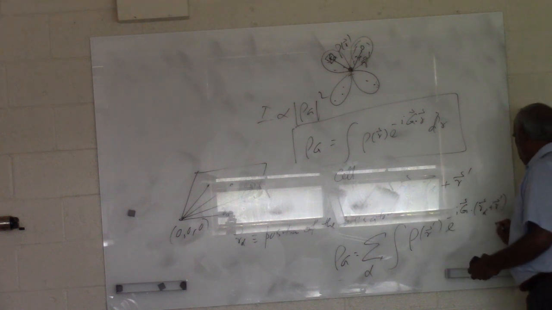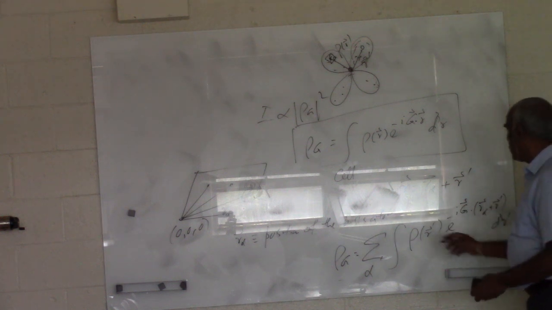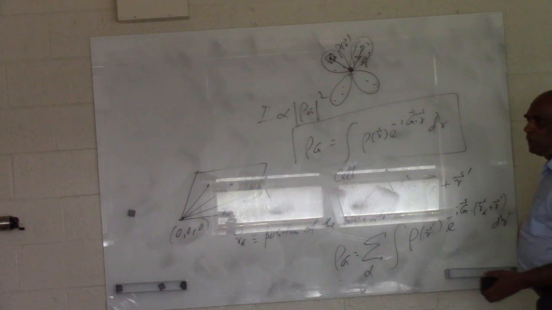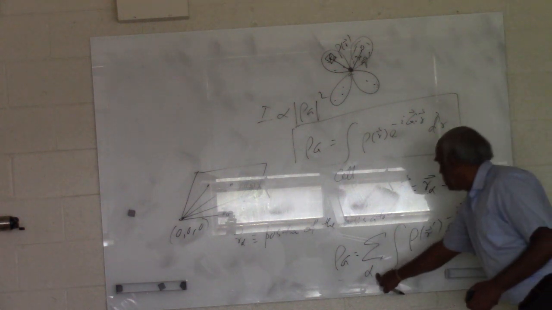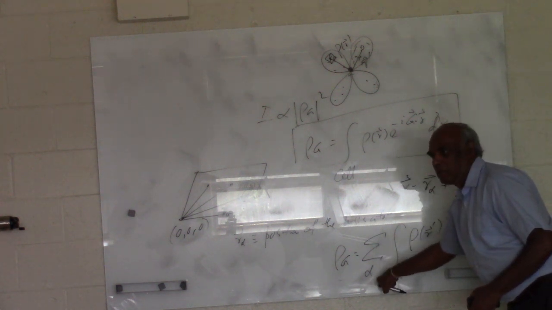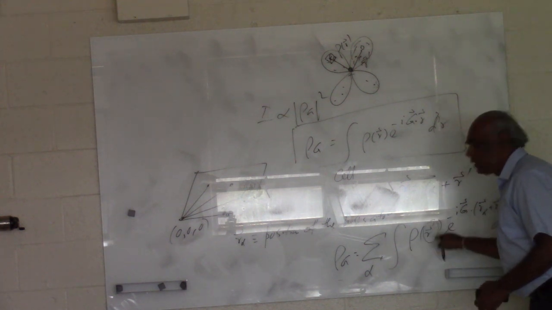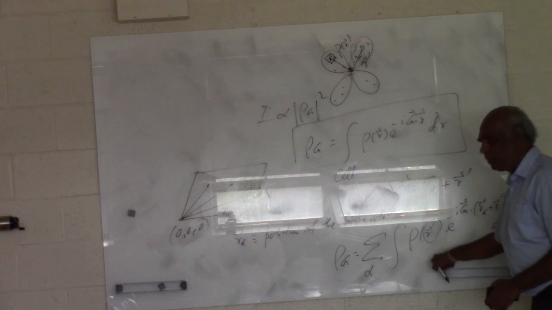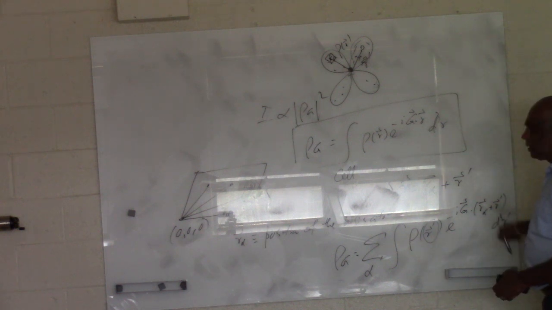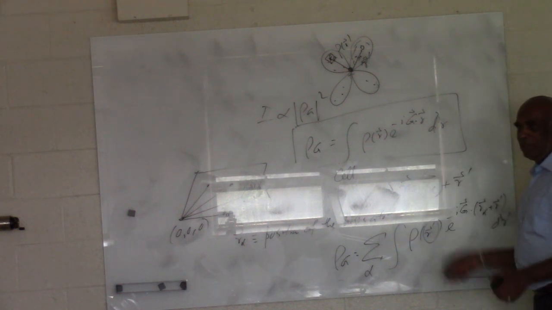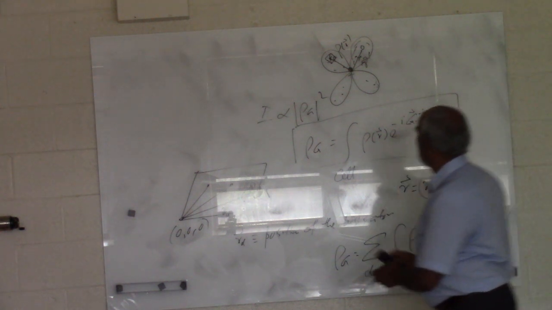So then d^3 r prime, but you have to integrate over all the basis atoms in the cell. Is that clear? So you understand this one, right? Now it's become only a function of R prime. This is only because this is constant, right?